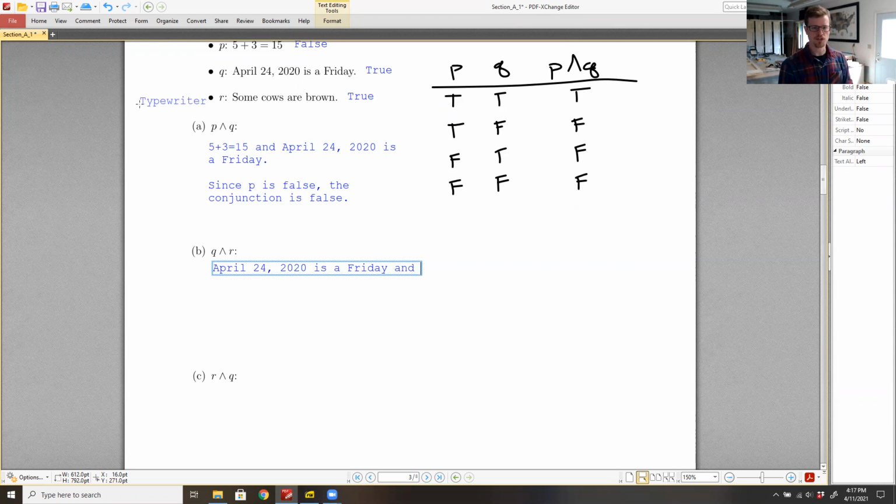So April 24th, 2020 is a Friday, and R is that some cows are brown. Okay. Well, is April 24th, 2020 a Friday? Yes. Are some cows brown? Yes. Both are true.